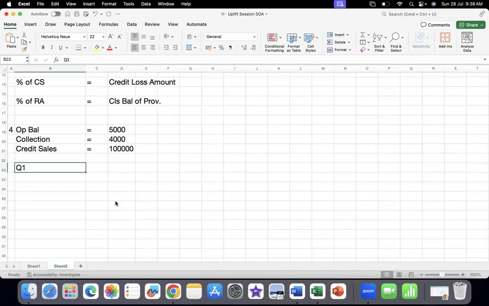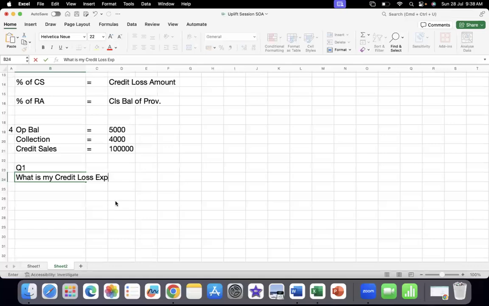And the first question which I need to answer is, what is my credit loss expense? So this would be the credit loss expense amount. There are two different terms on which we need to concentrate.